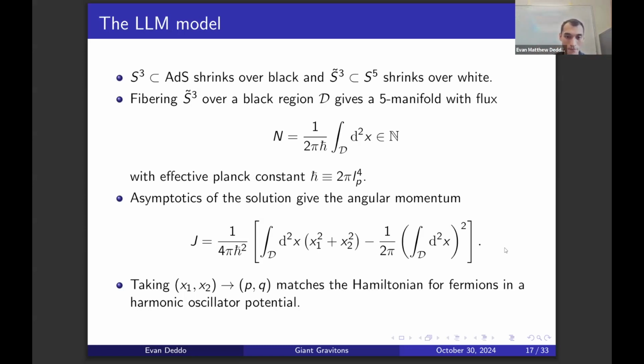So this J, this angular momentum here, we can actually find an interesting correspondence with fermions in the harmonic oscillator potential.